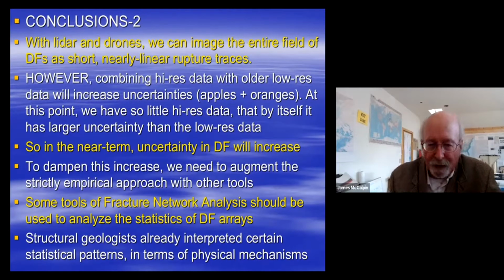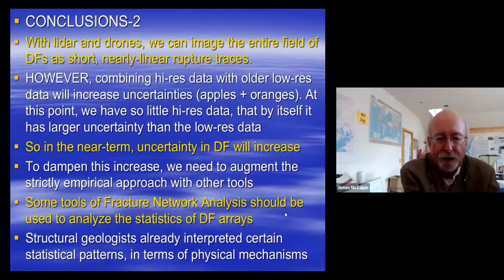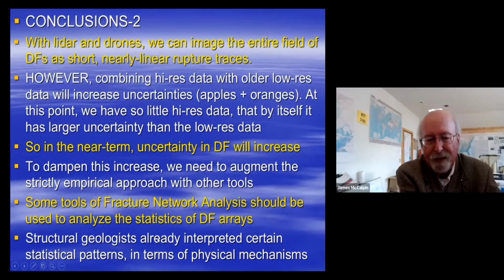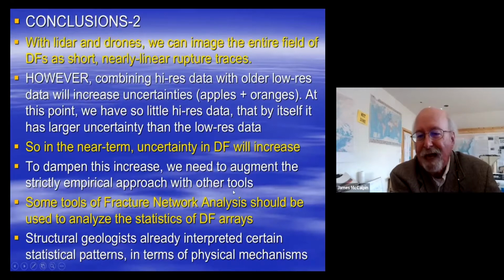And that would help us maybe bring down the uncertainty. And fracture network analysis is one of the ways that we can do that, and we can do it relatively quickly. You just have to find somebody who can either manually enter the endpoints of the distributed fractures or write a script to do the same thing, so it can be input into FRANEP.